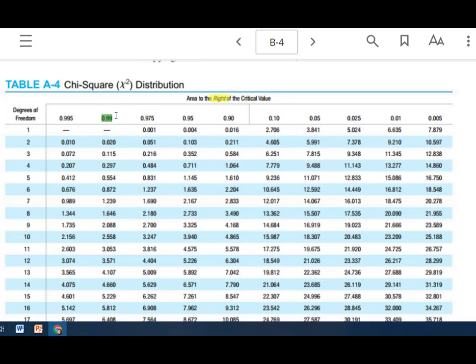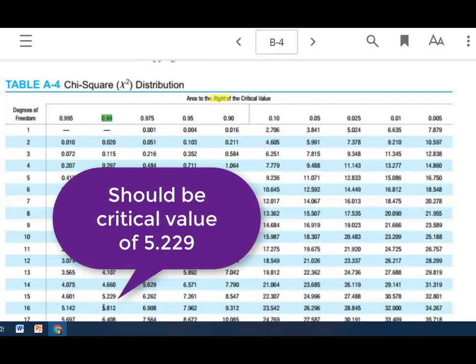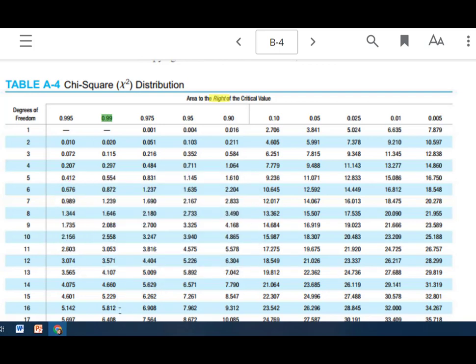Remember, we had 16 individuals in our data set, so our degrees of freedom is 15. As you can see right here, this is where I get that 5.812, which is my critical value. So that's how that comes about.